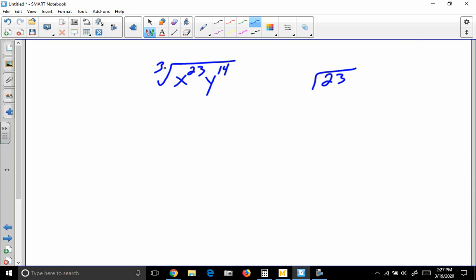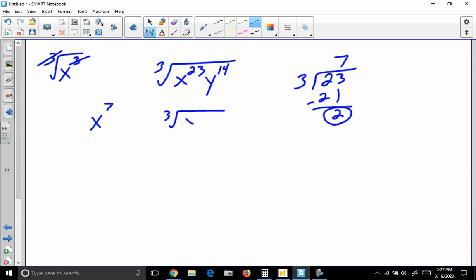We're taking a cube root, so we're looking for cubes. Cubes are groups of 3. So if we're breaking 23 different x's into groups of 3, we get 7 groups. So we pull an x out for each of those groups, and then we have 2 left over. So underneath our radical, we have 2.